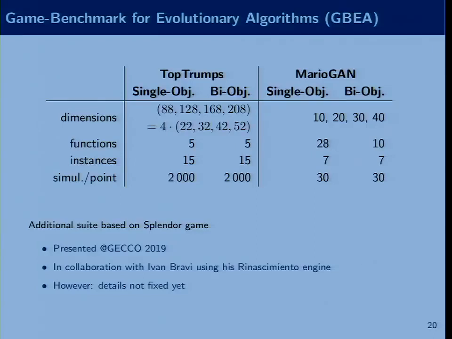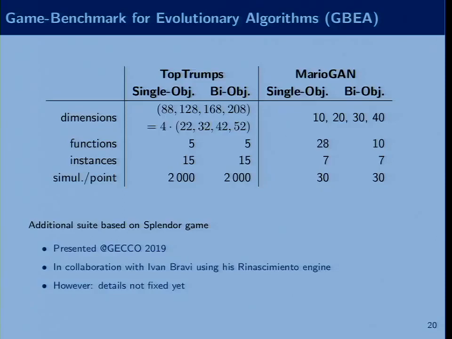Well, this was actually the state of the art before Gecko 2019. At Gecko 2019, there has been an extension to the benchmark suite, and in collaboration with Ivan Bravi, the Splendor game was put into that by Vanessa and Ivan, using his Rinascimento engine. I'm not sure how to pronounce it. It's Italian.